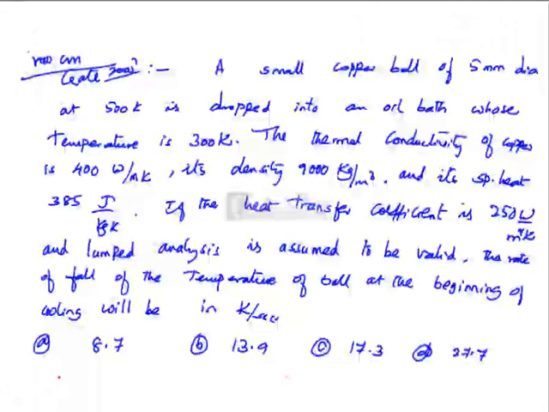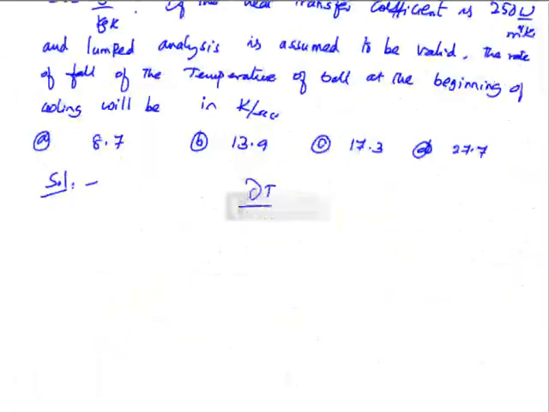Here he is asking, the solution could be given like this. Here the rate of fall of temperature, dou T by dou tau at tau is equal to 0 seconds, is how much?